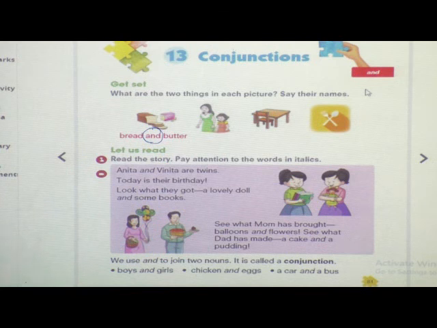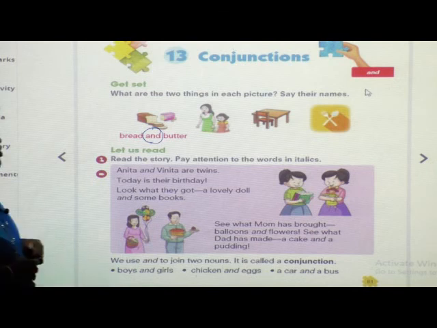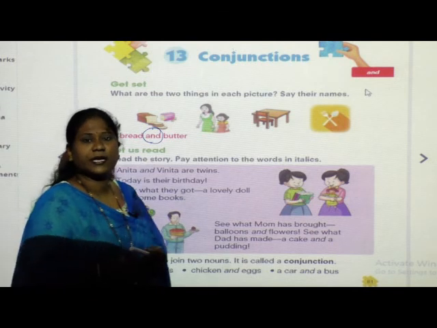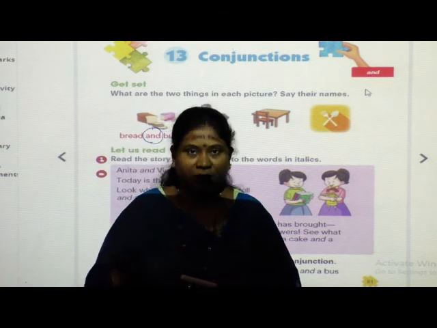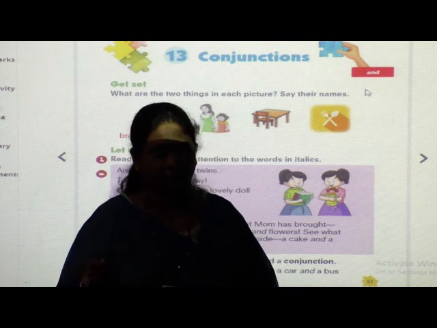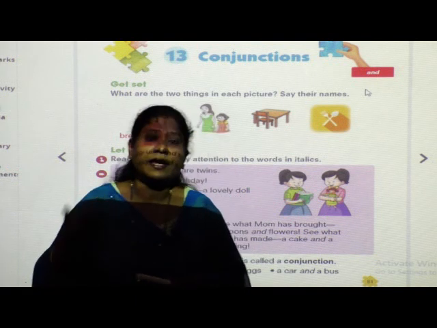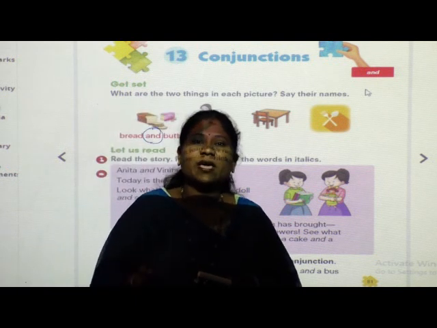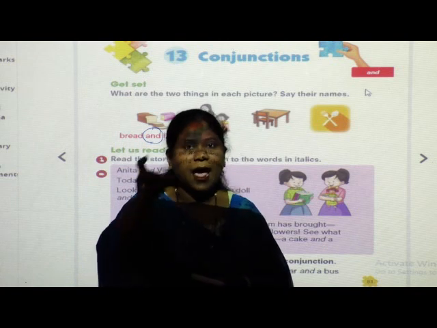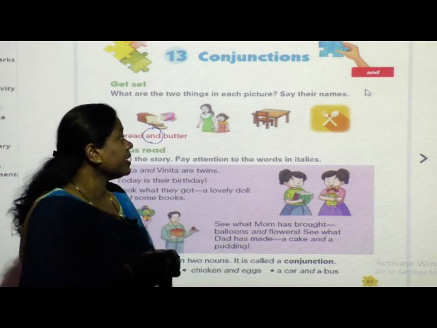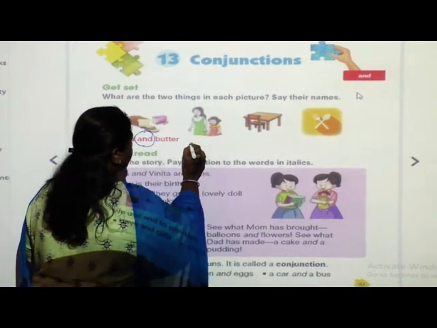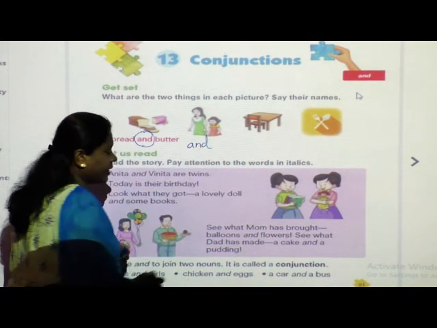Here and is a conjunction. Okay, children, in the next picture you can see a mother and daughter. When we say the sentence, we say mother and daughter. Again here we are using and, right?